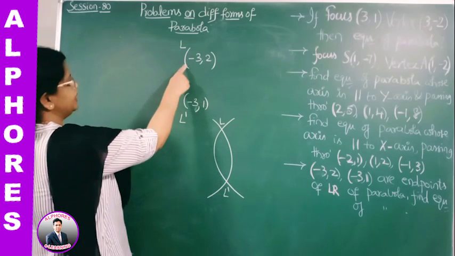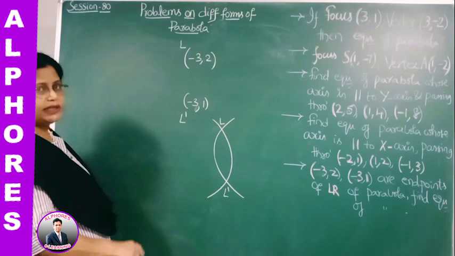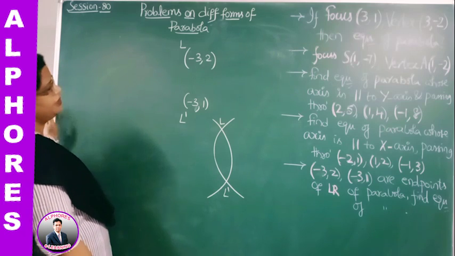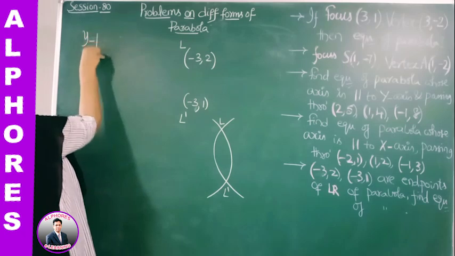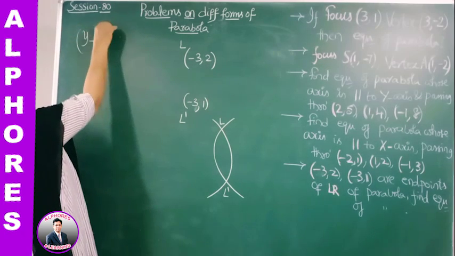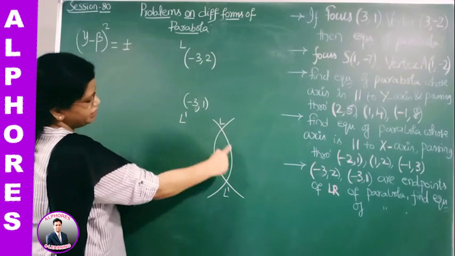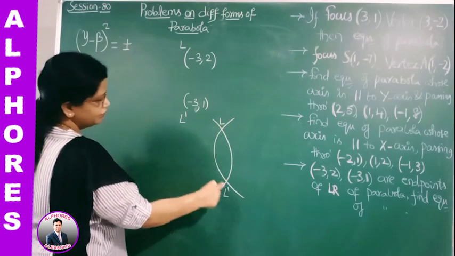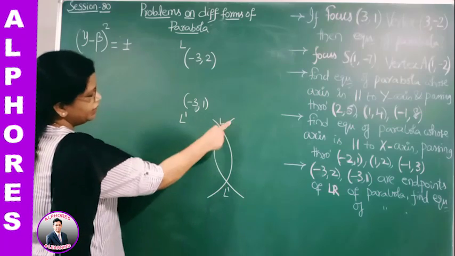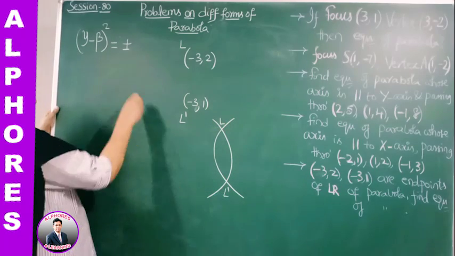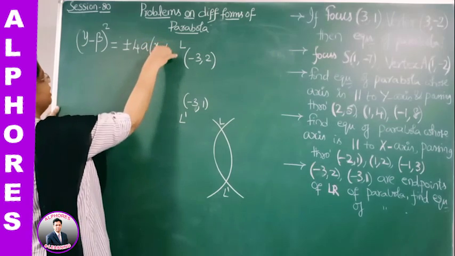Now here these are the ends of the latus rectum. So how is the equation? What is the standard form? The standard form is exactly y minus beta whole square equal to plus or minus 4a, because it may be this model or it may be this model. Either this model or this model. That's why we are taking plus or minus 4a into x minus alpha.